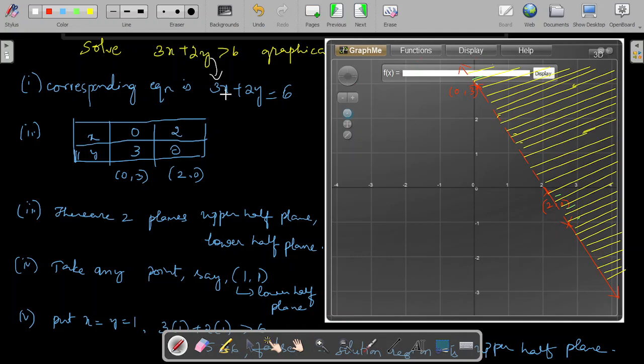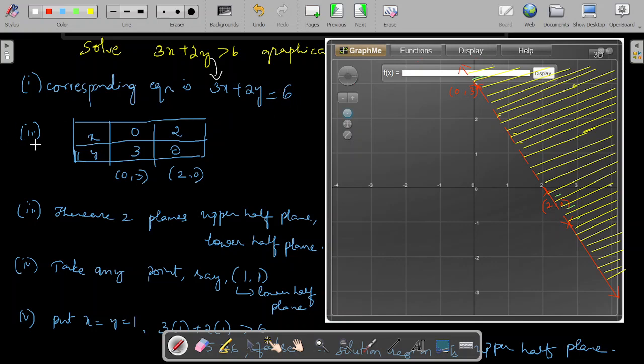So to get that straight line, we have to write its corresponding equation 3x plus 2y equal to 6, because we should know whether it is a vertical line or non-vertical line, and how it divides the plane. For that we need a straight line first. So the straight line is obtained by writing the corresponding equation associated with the given inequality, that's 3x plus 2y equal to 6.